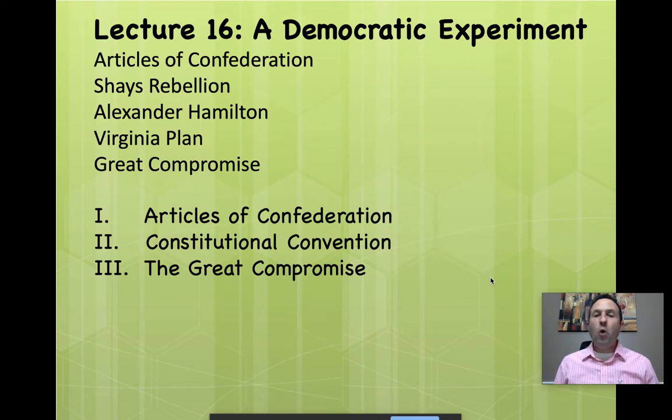So the end goal, of course, of this lecture is to get to the Constitution and explain it to you. But this lecture is not about the Constitution, it's about getting there. Because by the time we get there, we can see that in many ways, the Constitution was a departure from some of those revolutionary ideas.